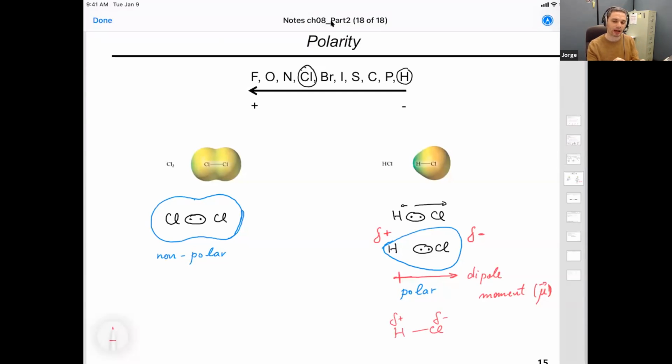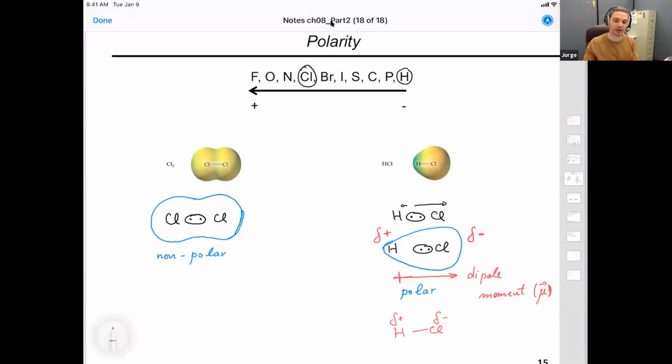It's almost like a battery where you have a positive side and a negative side. Okay, the negative side is always located in the highest electronegative atom, and the positive side on the lowest electronegative atom. The polarity of the bond is going to be represented by the dipole moment vector.